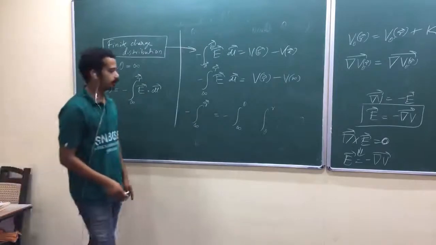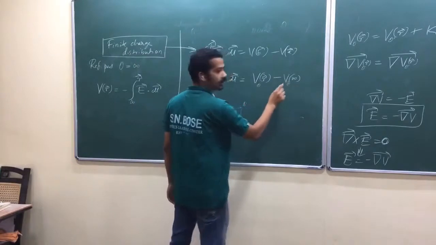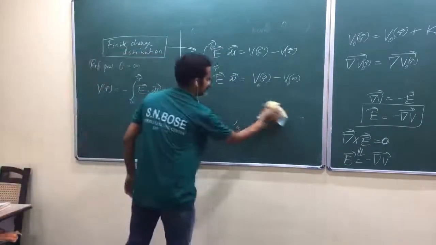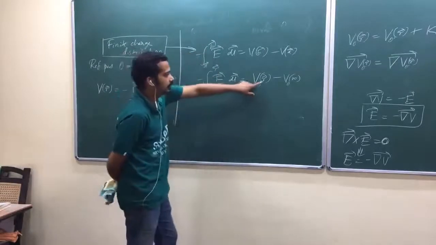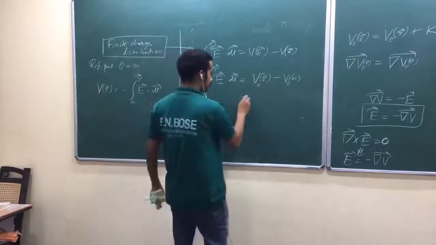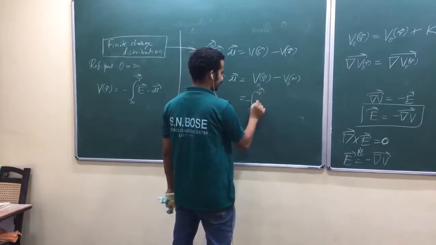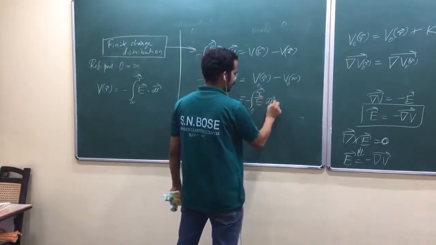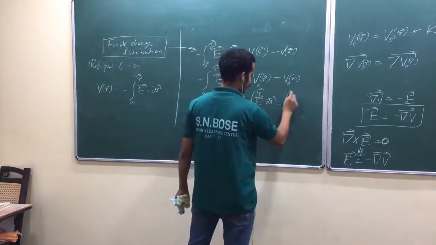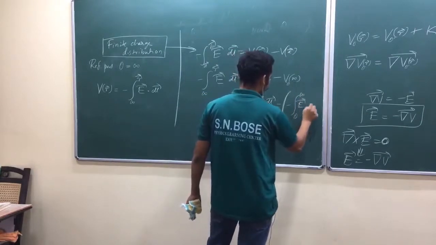Both of these are choosing some reference point. You can write this integral as potential at r by choosing some reference point, minus potential at infinity by choosing some reference point. Or if you are not convinced, write down the definition: O to r, E bar dot dl bar, minus minus of O to infinity, E bar dot dl bar.